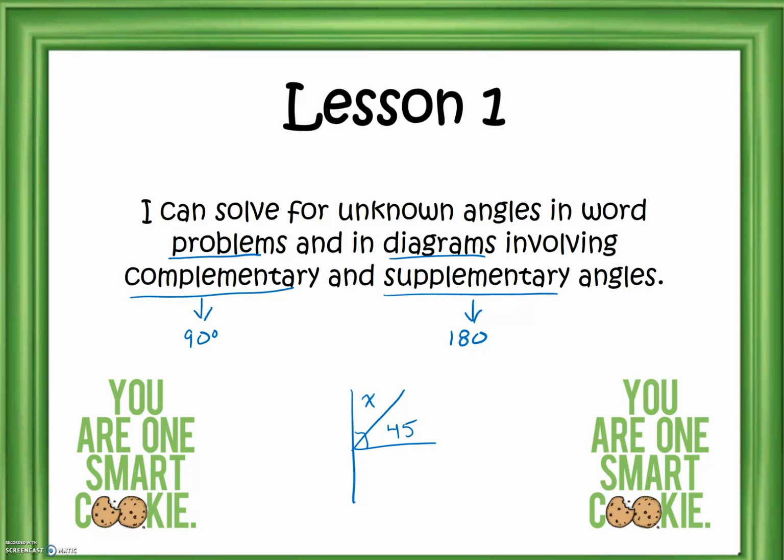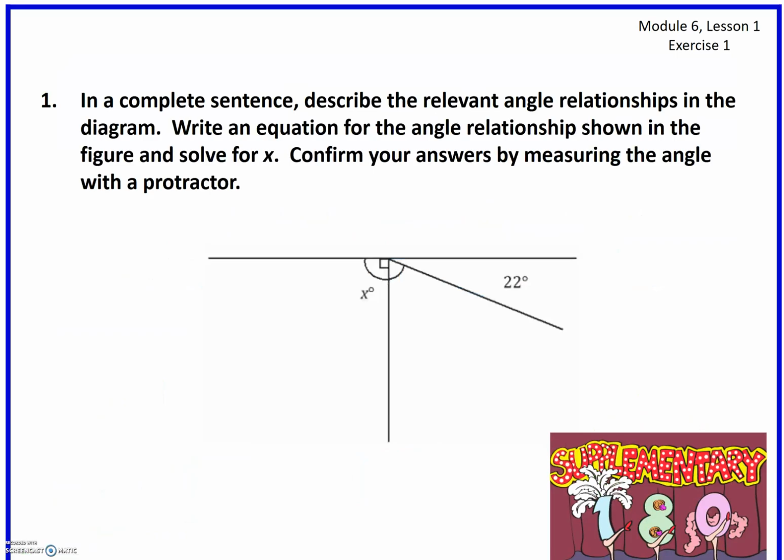The other ones will involve word problems. This first one is a diagram. It says, in a complete sentence, describe the relevant angle relationship. We have to write an equation for the angle relationship shown in the figure and solve for x. So it's several parts here.